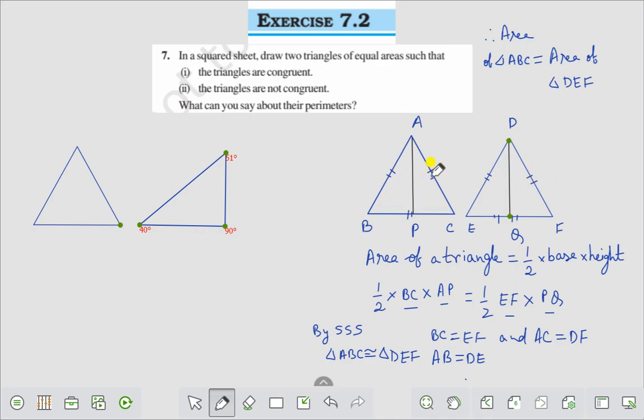Therefore, we can say that the perimeter of triangle ABC is equal to the perimeter of triangle DEF, because the corresponding sides are same.